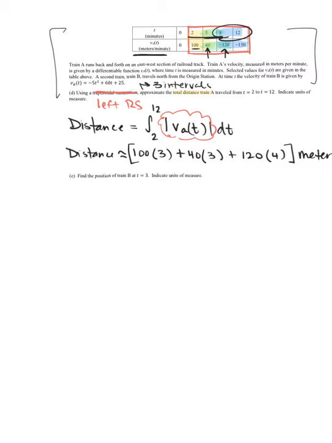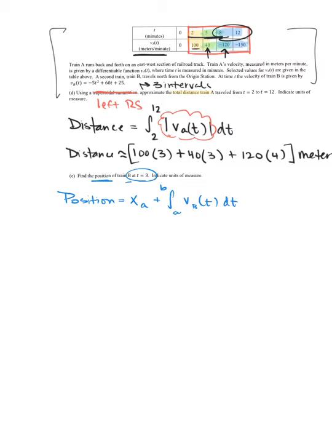So my position equation is equal to my initial position plus the integral from a to b of v, in this case I'm doing train B, so v_B of t dt. No absolute value, right, because we're looking for position. For total distance, I would be using absolute value. All right, and then we're going to be doing this at t equals 3.